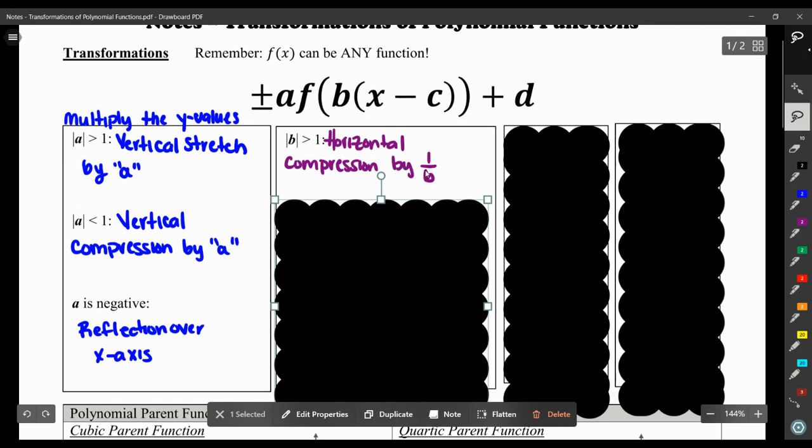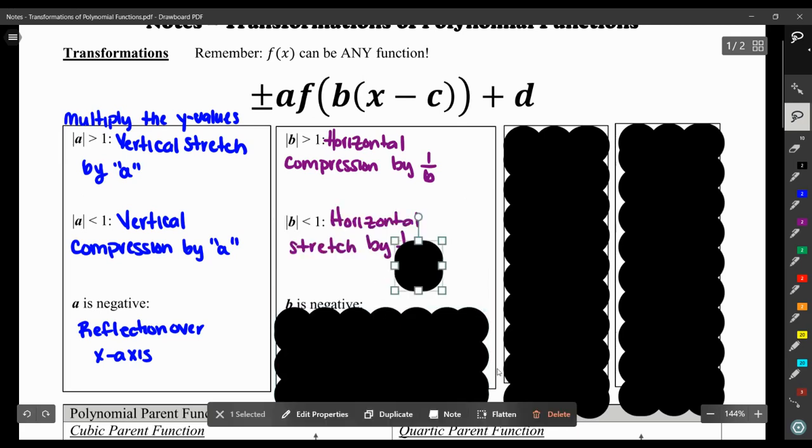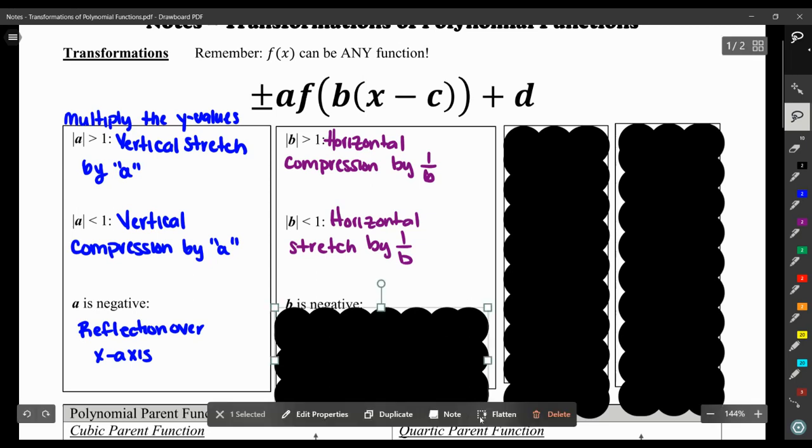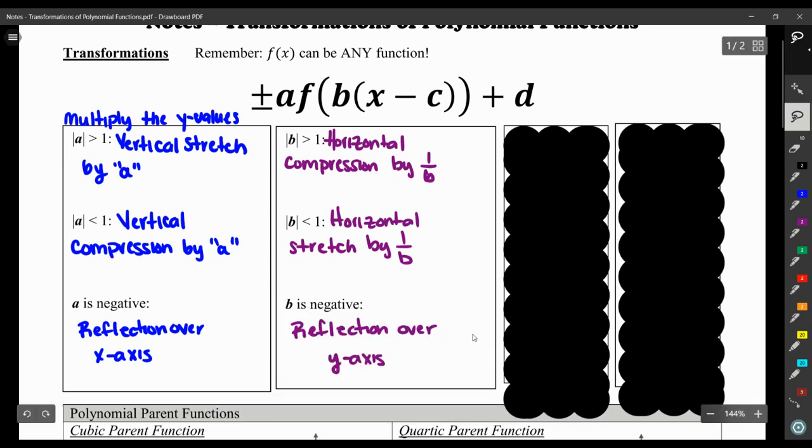So if b is 2, your horizontal compression is actually by half. If b is less than 1, there is a horizontal stretch. So now you're taking the edges left and right and you're stretching them out, and it's also by 1 over b. So if the b value is 2/3, your horizontal stretch is actually by 3/2. And then finally, if b is negative, there is a reflection over the y-axis.